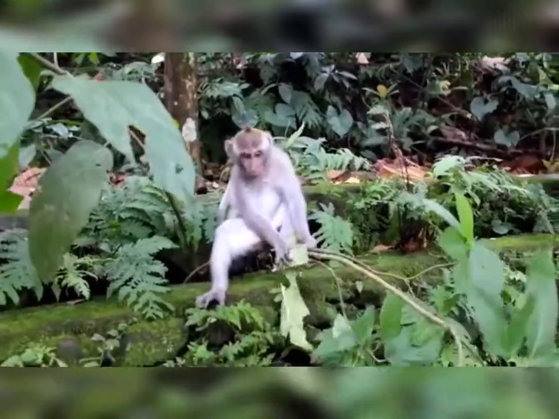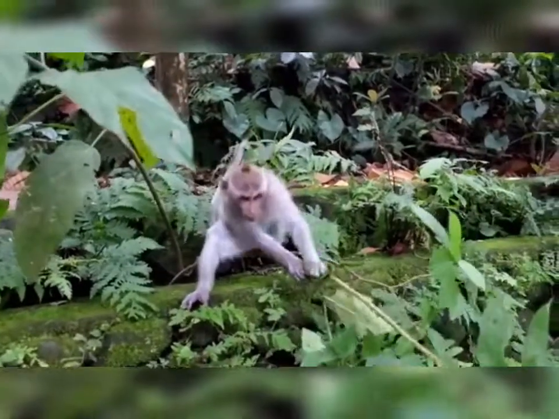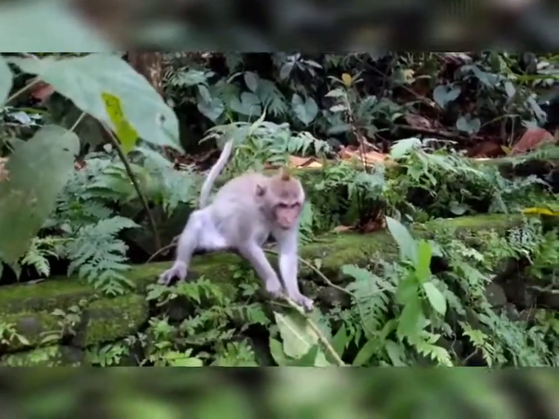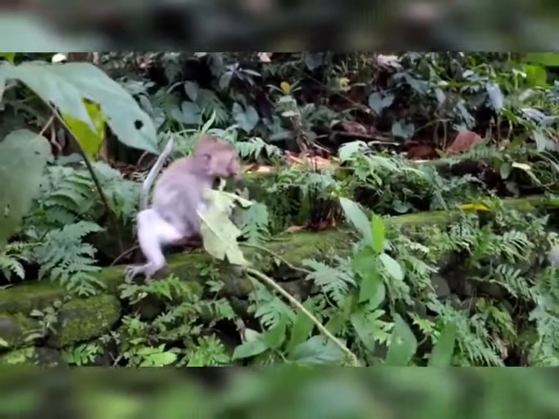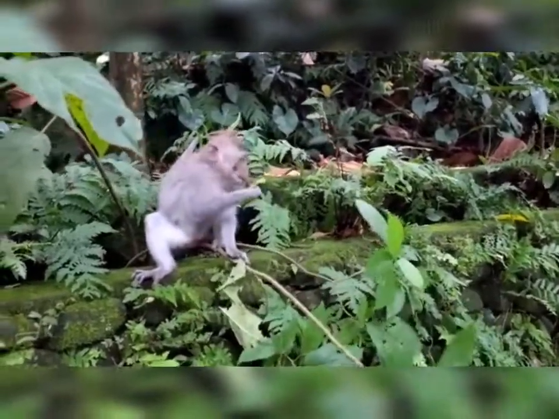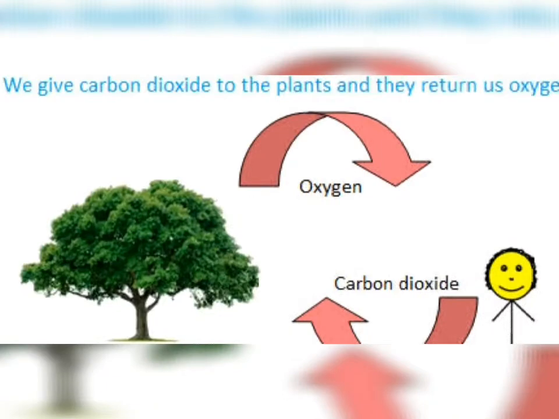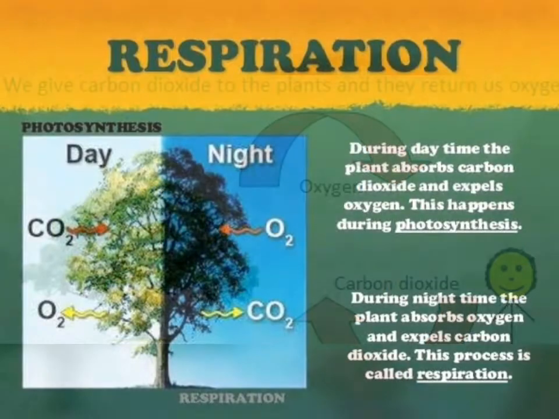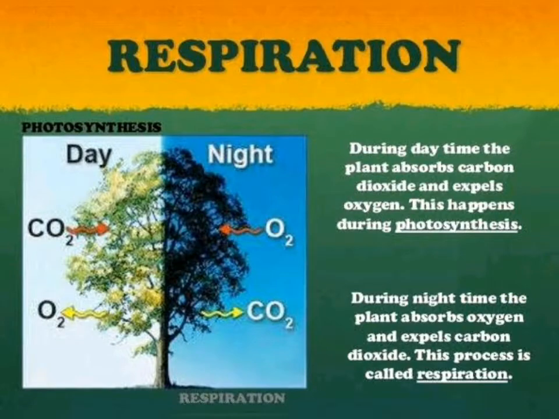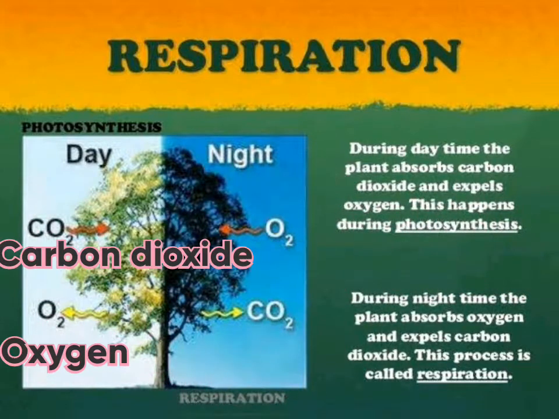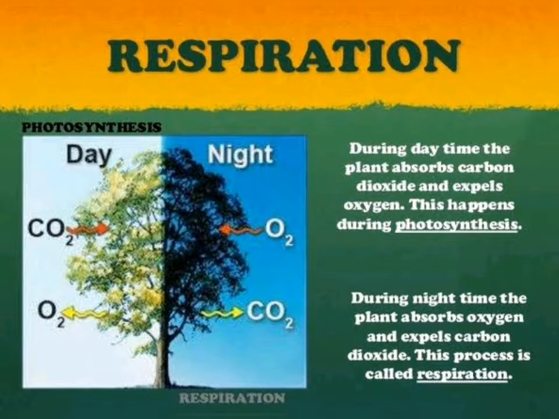Another way in which animals depend on plants is for the very important thing for which we are alive, that is oxygen. You know that plants make food during the daytime because of the presence of sunlight, carbon dioxide and water. During photosynthesis, the plants give out oxygen, and that oxygen is taken by the animals during respiration.